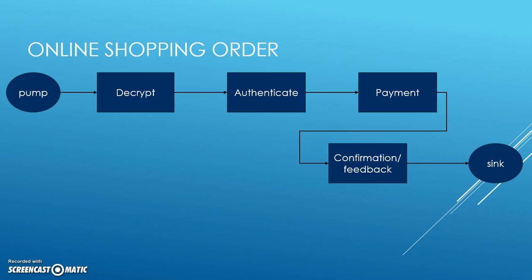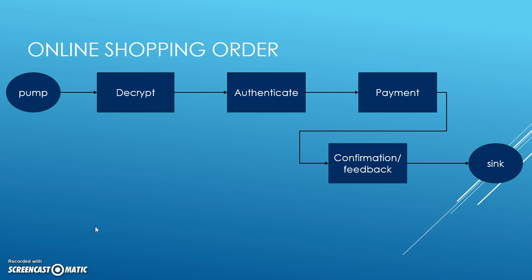The next example that we took was online shopping orders. In large enterprise shopping systems, a simple task triggers a sequence of processing steps, each performing a specific function. Let's suppose we have an order message. The order is encrypted and contains authentication information to ensure that the order is from a trusted customer, and then we have to make the payment and provide confirmation and feedback to the user.